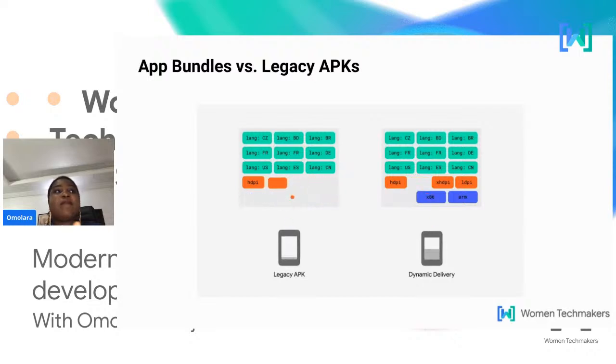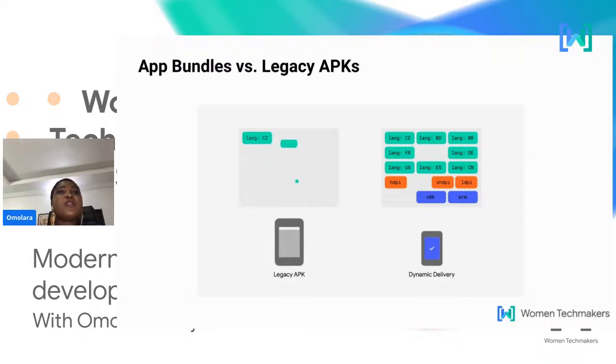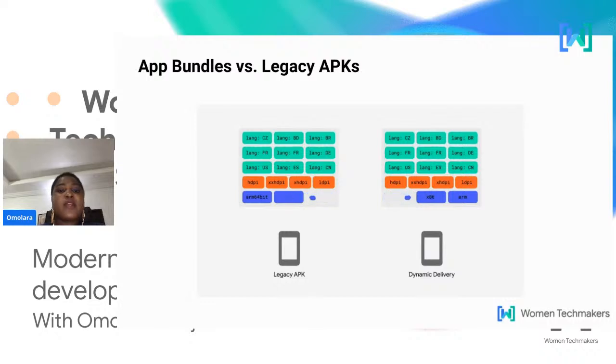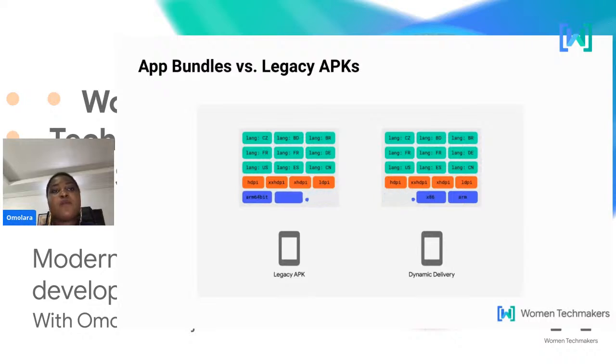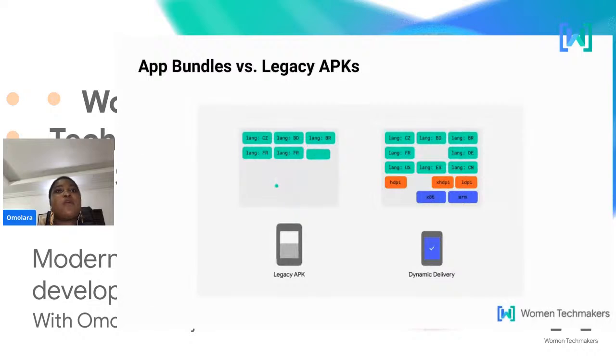Like I said, for example, all the languages that your app supports, all the screen densities that your app needs. But for Android app bundles, you only select the things that are necessary. Let's say, for example, a phone's configuration is XXXHDPI, ARM 64 bits and language English.